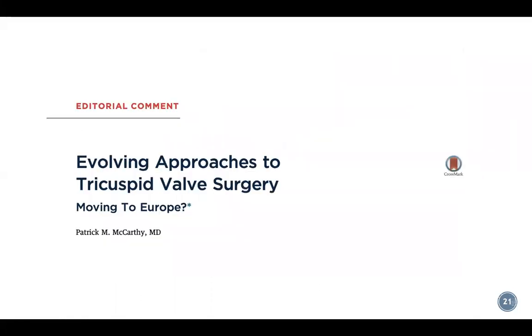An editorial was written by Patrick McCarthy in 2015, in which he was encouraging the surgical society to be more aggressive in treating functional TR with left-sided valve lesions, as that will improve morbidity and mortality in the early and long term.